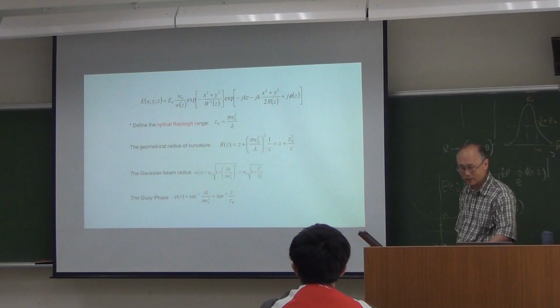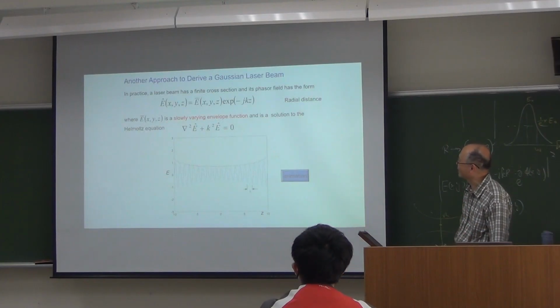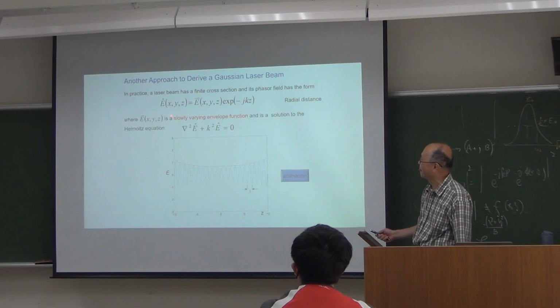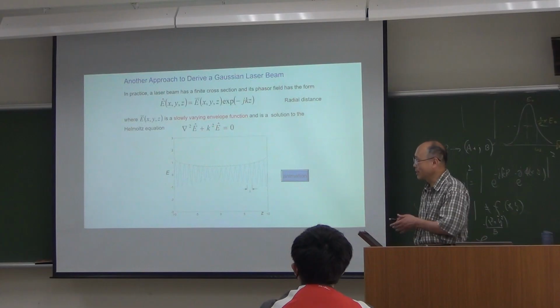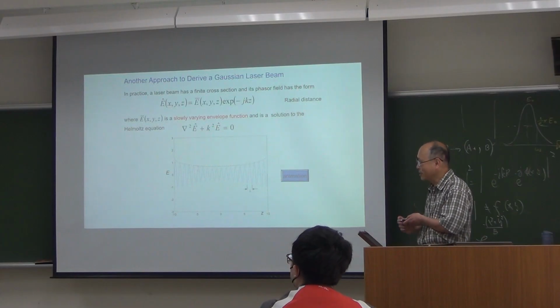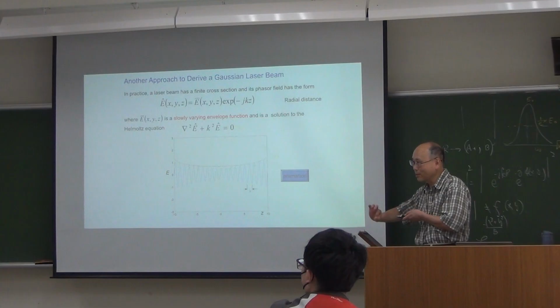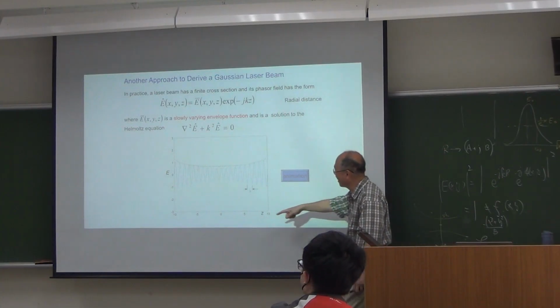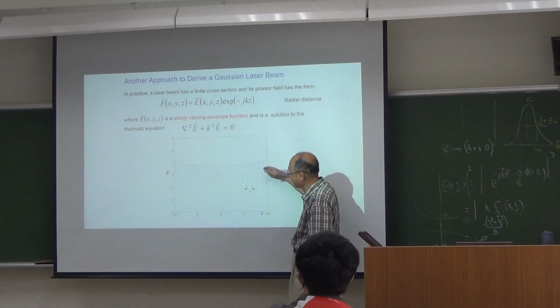Well, another way to solve this problem is to look into the Helmholtz equation, and try to find a solution satisfying this. But for this laser beam, the beam spot size grows slowly compared with this oscillation. Agree?